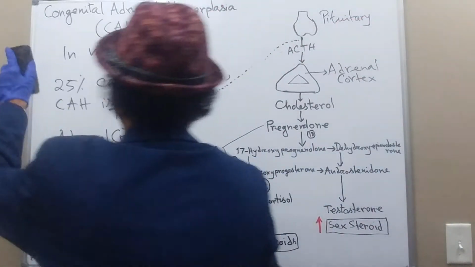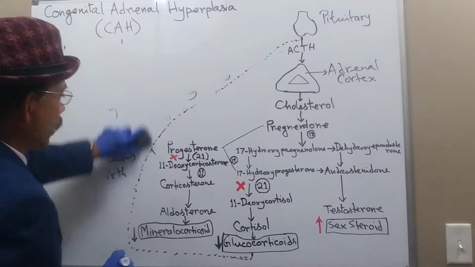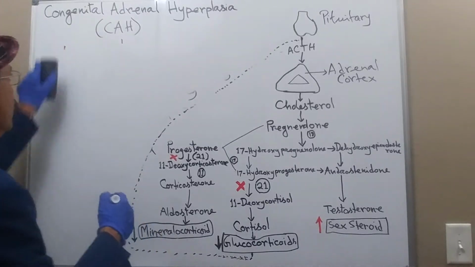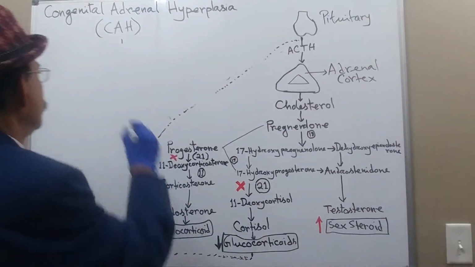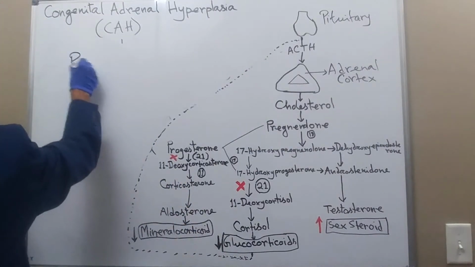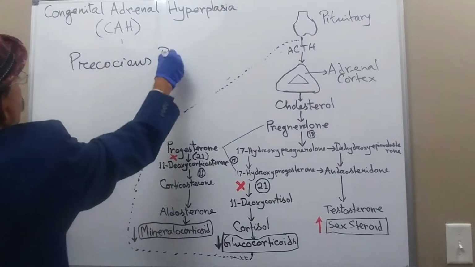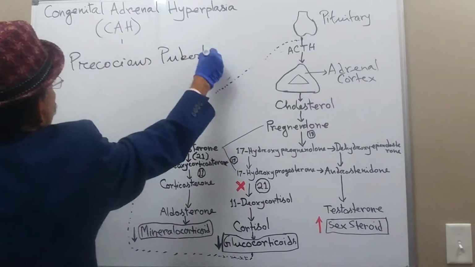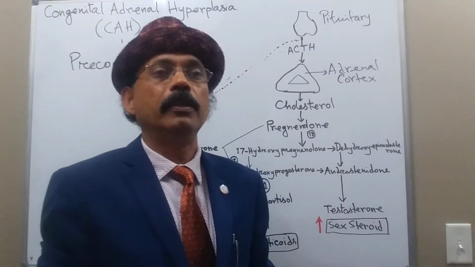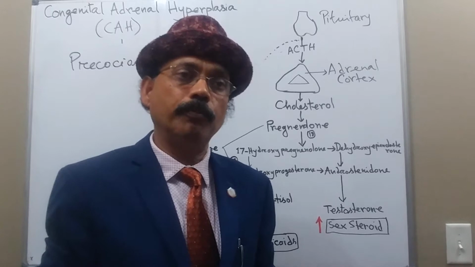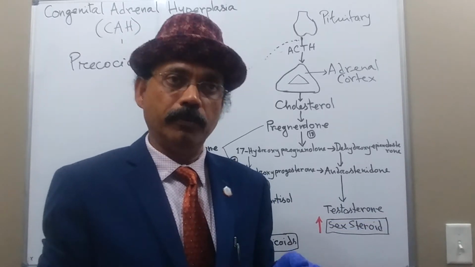So we get adrenal crisis. As the male child grows up, and also in female, there will be precocious puberty. There will be rapid growth in early stage.